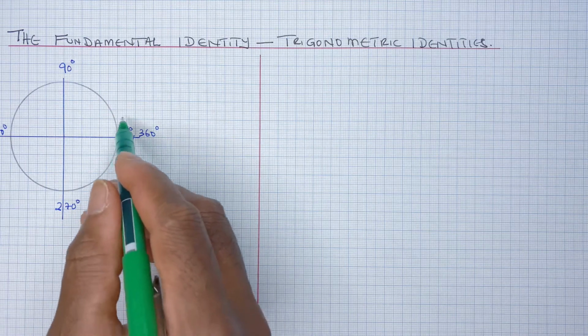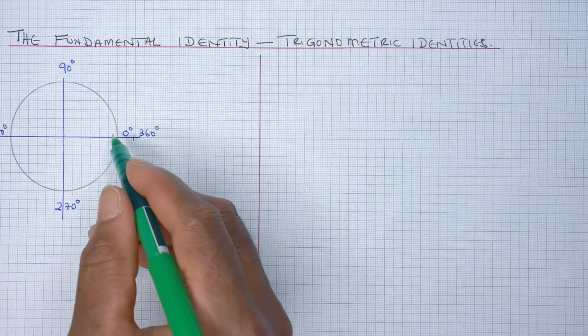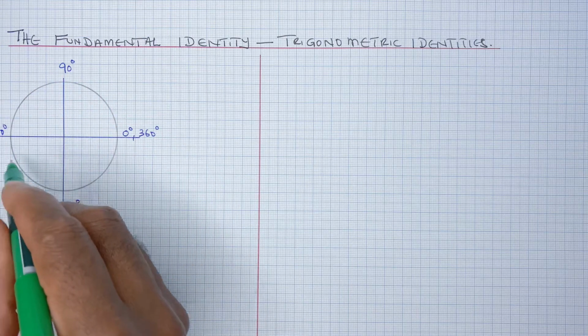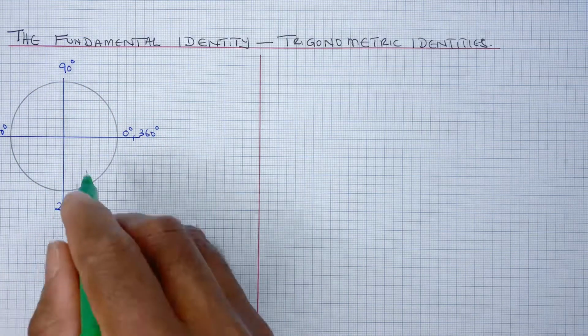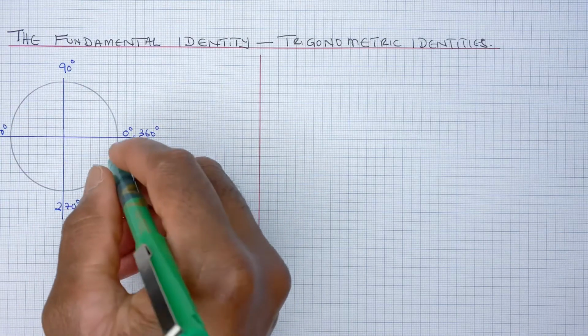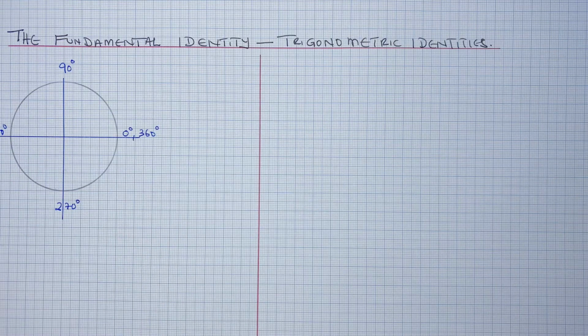When we're working on angles, we always go from 0, 90, 180 to 270, 360. We don't go in a negative direction. You have to go in a positive direction, what we call the anti-clockwise direction.